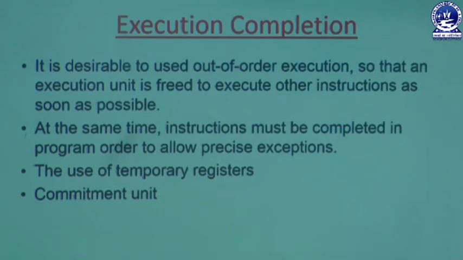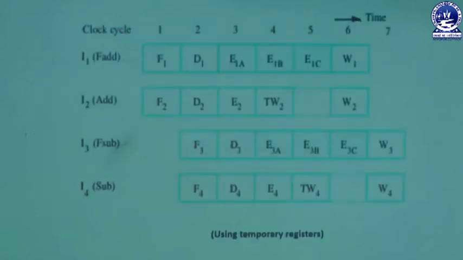So, temporary registers are used here, and then there is a commitment unit. Okay. This is the case where we use the temporary registers. In the previous diagram which I displayed, if we delay, then the pipeline will stall for 2 clock cycles.